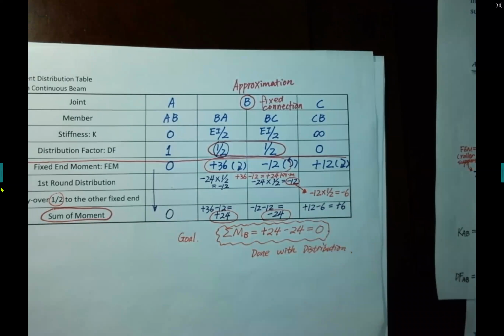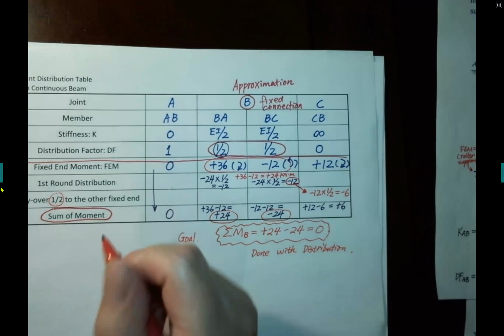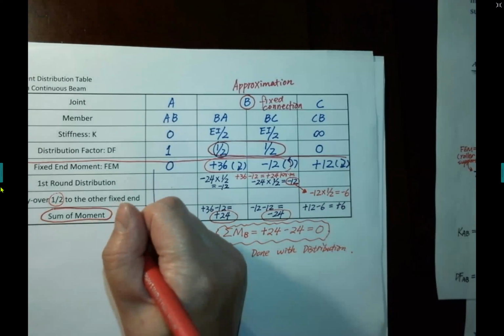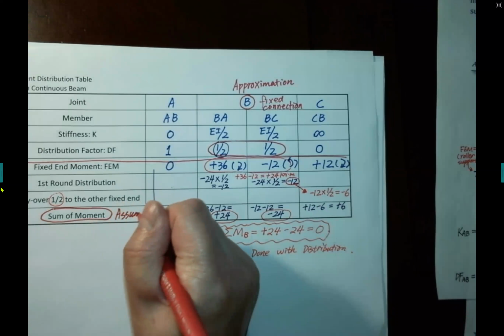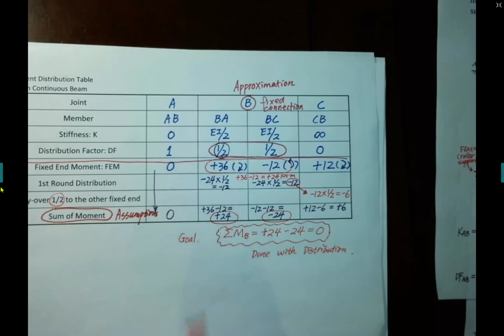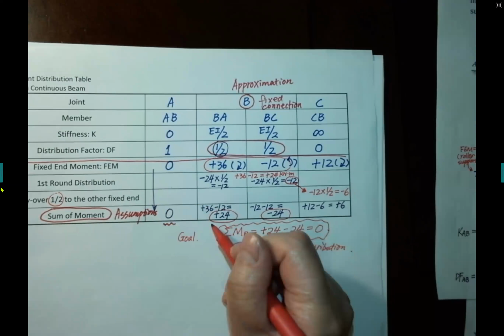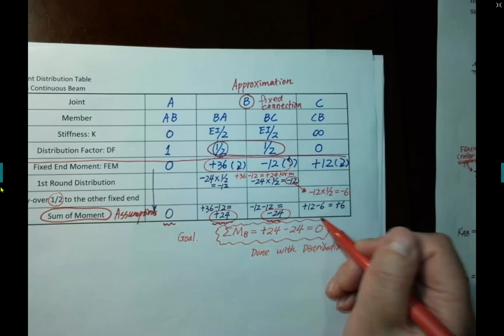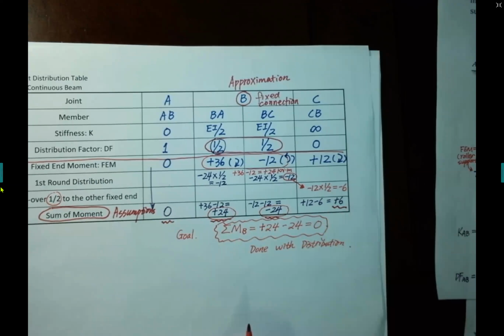After that, we take a look at those numbers. All of those moments are our assumptions. So those moments at each joint are our assumption.